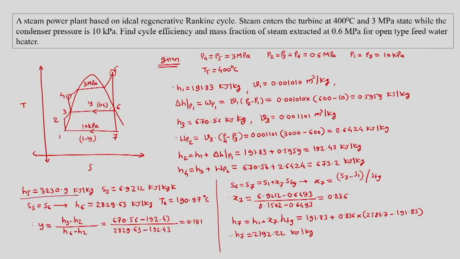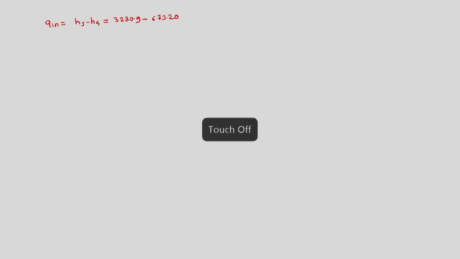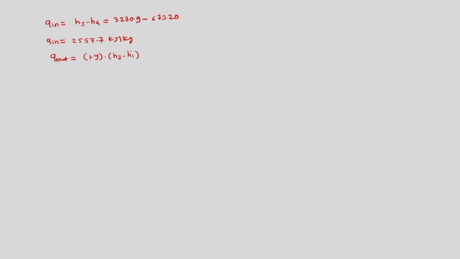H5 and H4 we have already found, 3230.9 and 673.2. Knowing this, we get Q in equal to 2557.7 kilojoule per kg, and Q out is, as we did last time, 1 minus y into H7 minus H1.